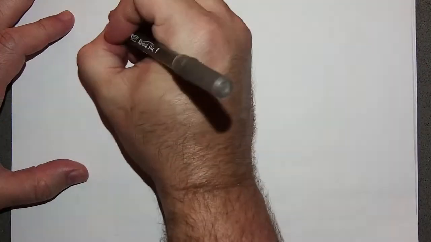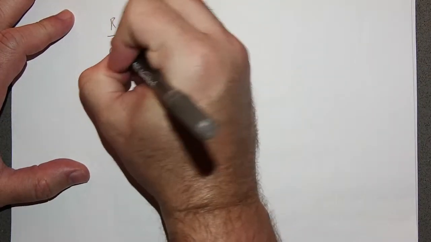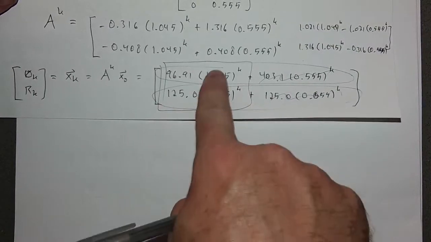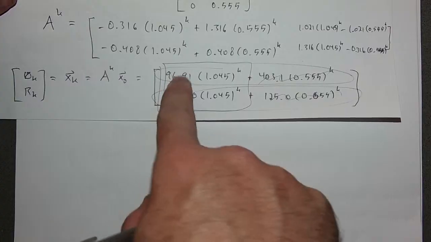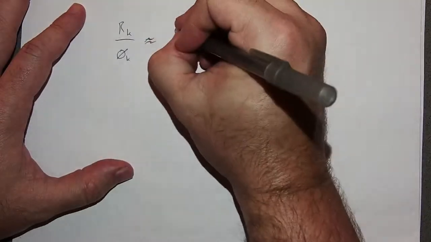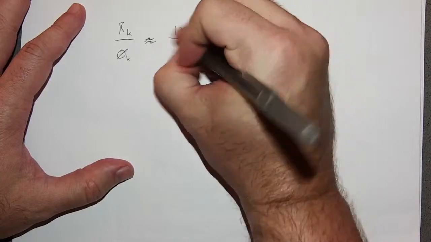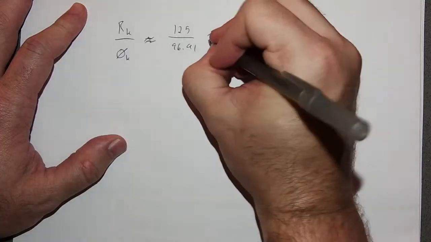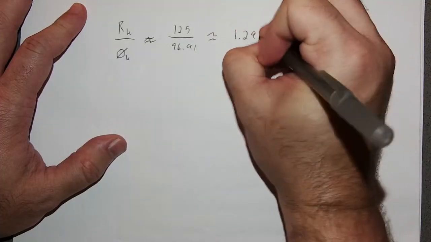For instance, as k goes to infinity, the ratio of rats to owls is approximately, these are going to cancel out when you divide, 125 divided by 96.91, which is approximately 1.290.